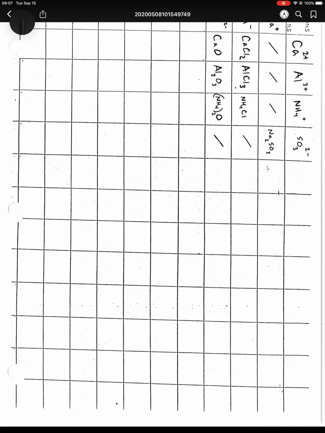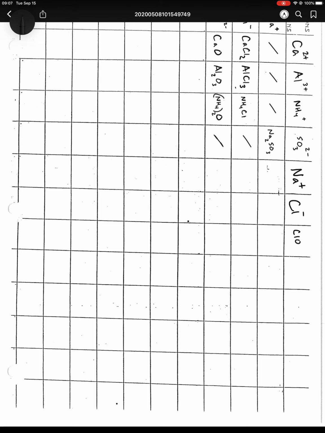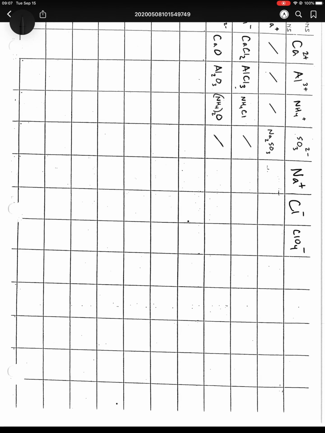But across the top of the sheet, you could write ions. I already have NH4 plus on there. What can I turn that into? And so on. Then across the other side, you could have your negative ions.